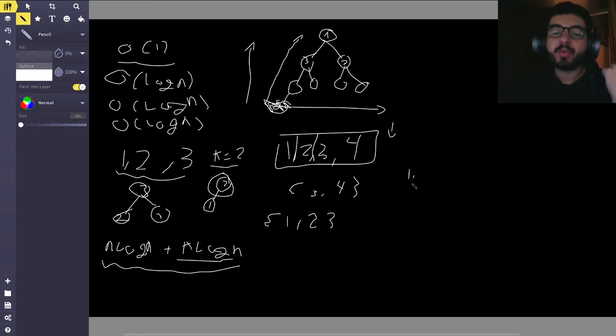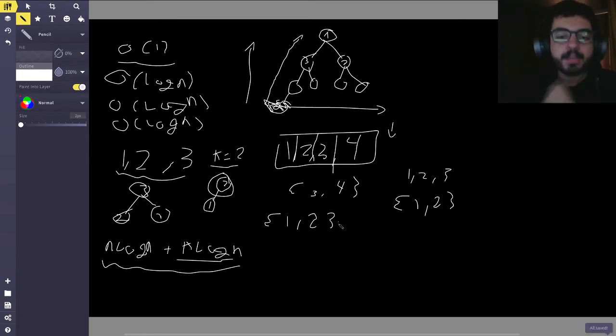What if we have 1, 2, and 3, and we need the k largest elements? Let's say k is equal to 2 also, so our assumption would be 1 and 2. Which is the same step as here, but different elements: 1, 2, and 3, while here it is 1, 2, 3, and 4, which changes the answer. So what if we remove the 2?